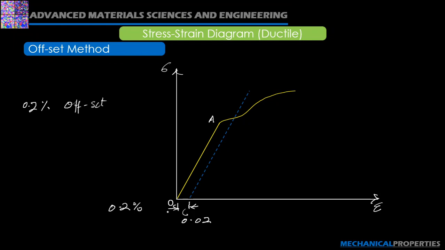We can set any value between 0.1 to 0.5% depending on the situation. Here we use 0.2% as the offset.